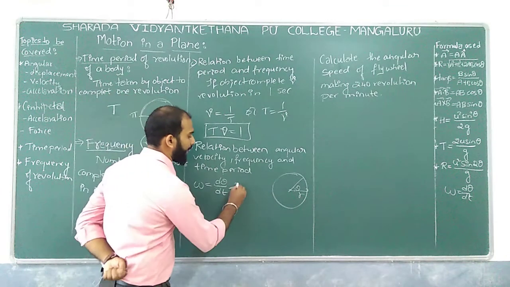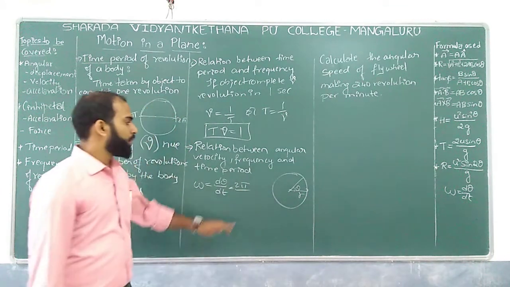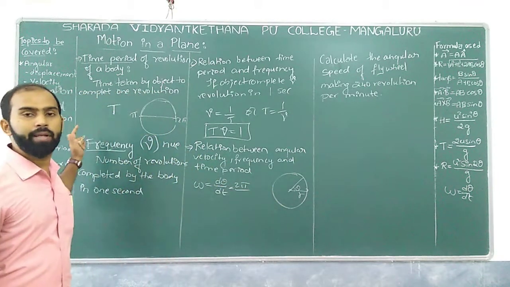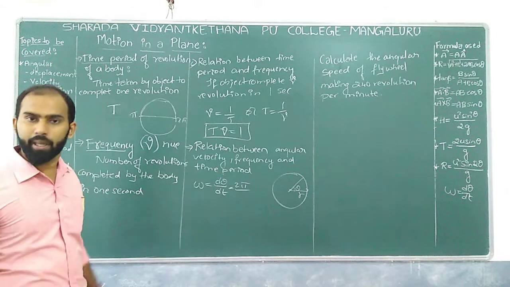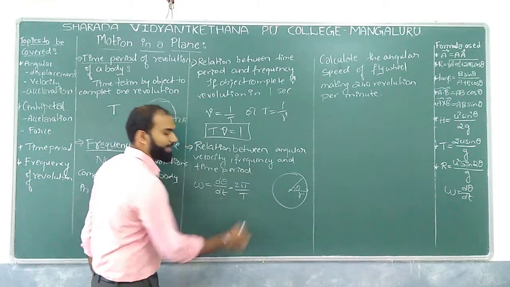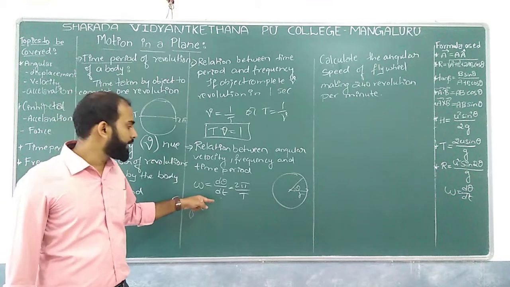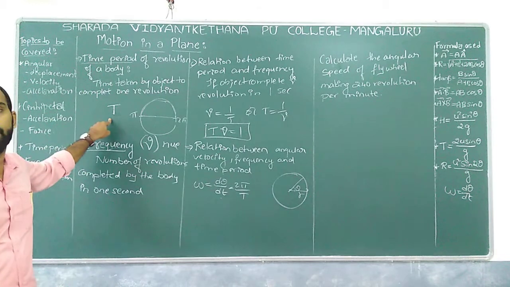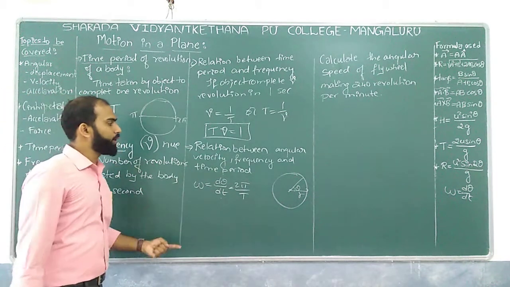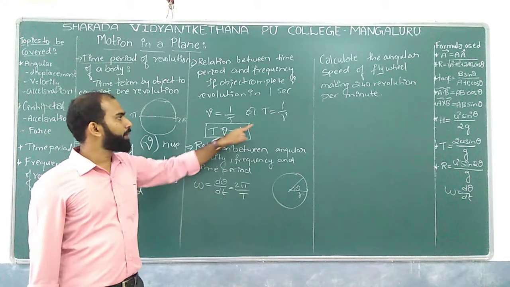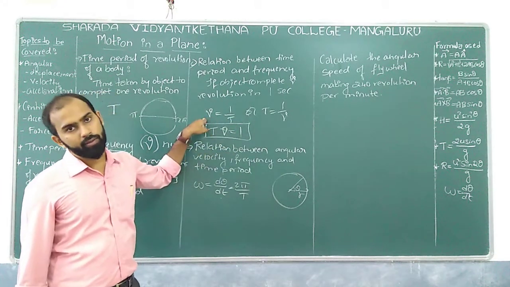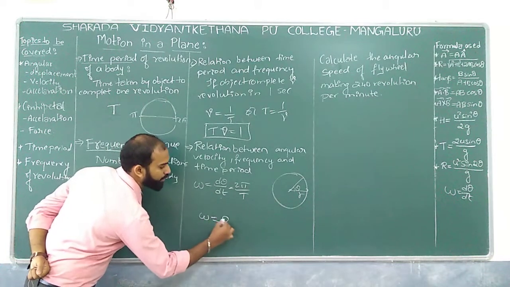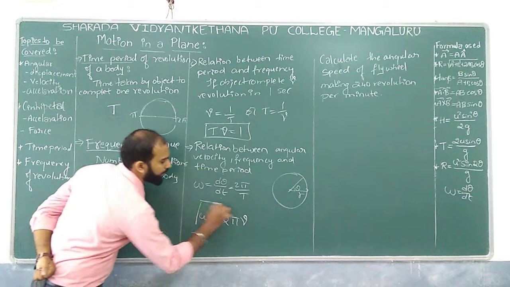So 2 pi divided by, if you complete one revolution, what is the time taken? The time taken to complete one revolution is nothing but the time period. So dt can be replaced by capital T, the time period of a revolution. And we know 1 by T can be replaced by nu over here. So omega is equal to 2 pi nu.